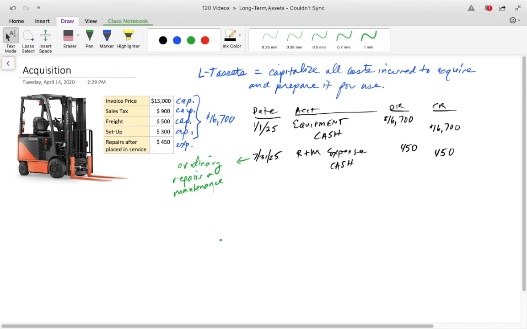Now, this is acquisition, right? This is what we do when we purchase the asset. After we purchase the asset, then we go into the second phase of life for the asset, which is use. And use is going to be the subject of the next video.